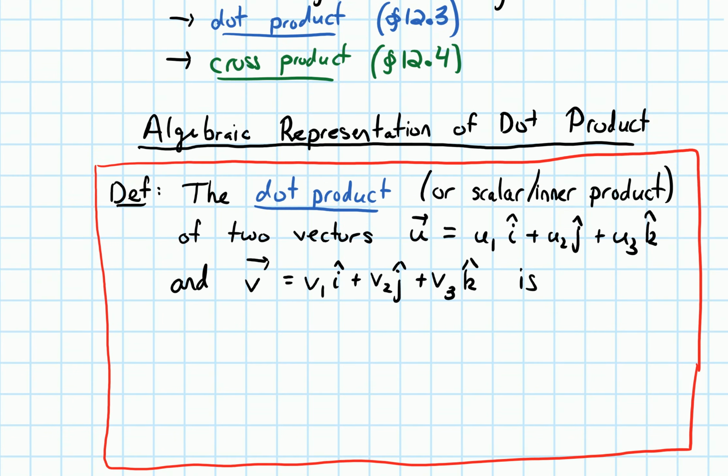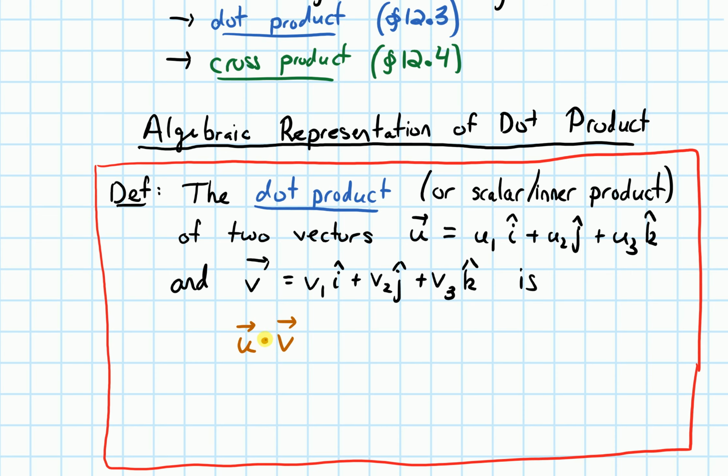The dot product, which we sometimes call the scalar product or the inner product, of two vectors u, written in terms of its components, u1 i hat plus u2 j hat plus u3 k hat, and v, written as v1 i hat plus v2 j hat plus v3 k hat, is u dot v. So that's the notation for the dot product.